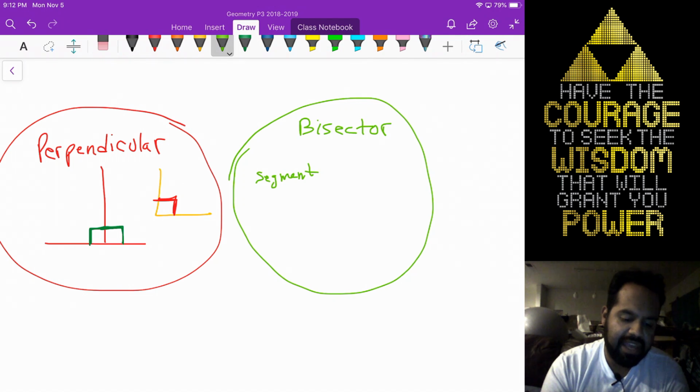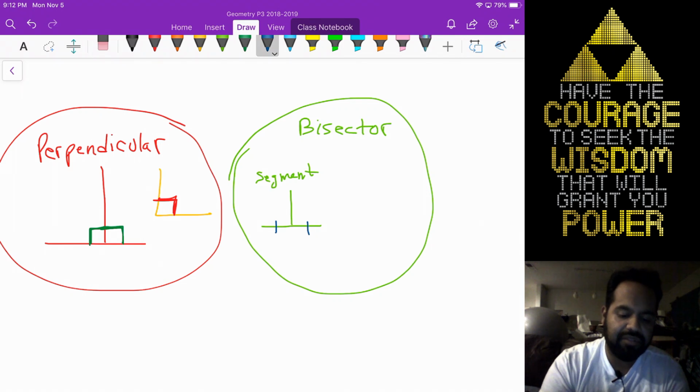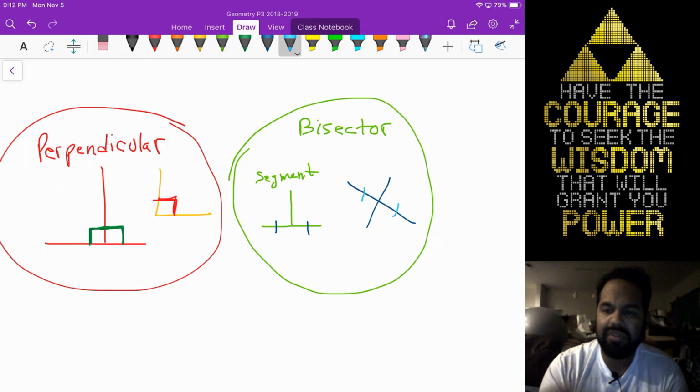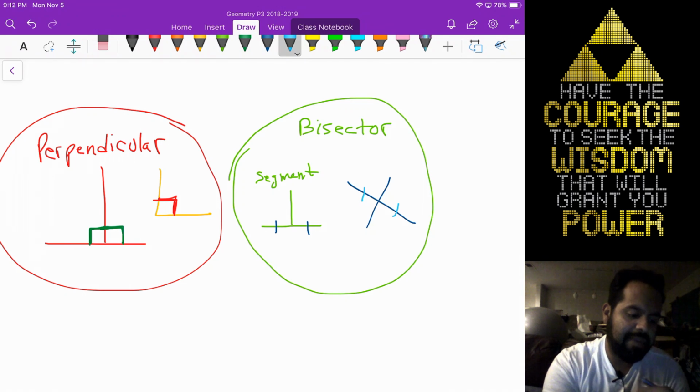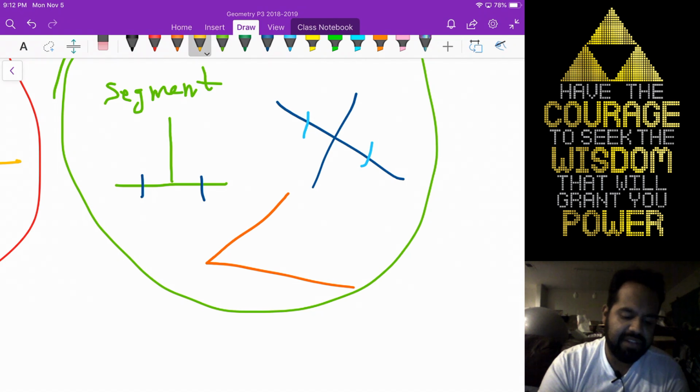So for instance, if I have something like this, that could create two equal sides, or in some cases when we've had the lines crossing each other, you can also have them either cutting one part or sometimes both parts. Depends on the wording. The other type of bisector you have is an angle bisector. So again, just remembering, hey, you have this line and it's cutting this angle.